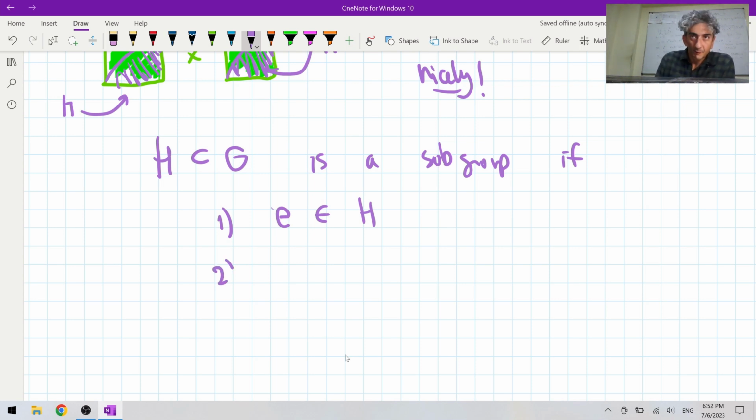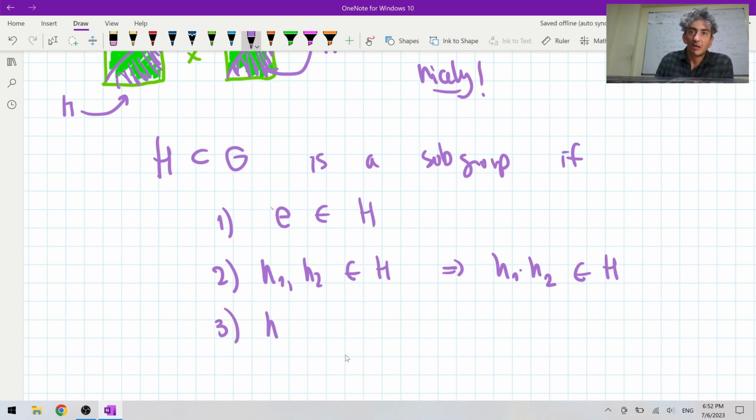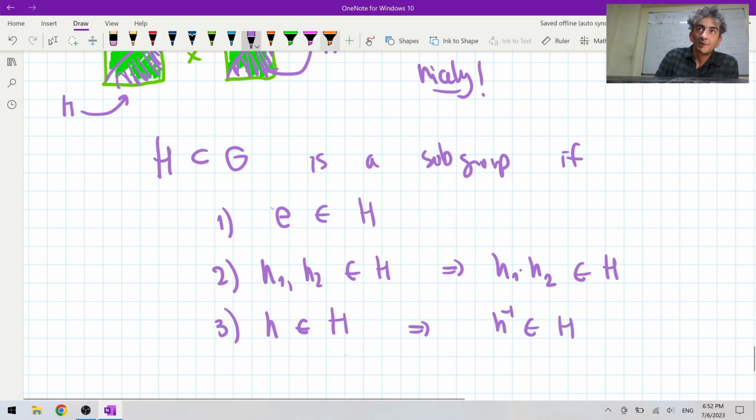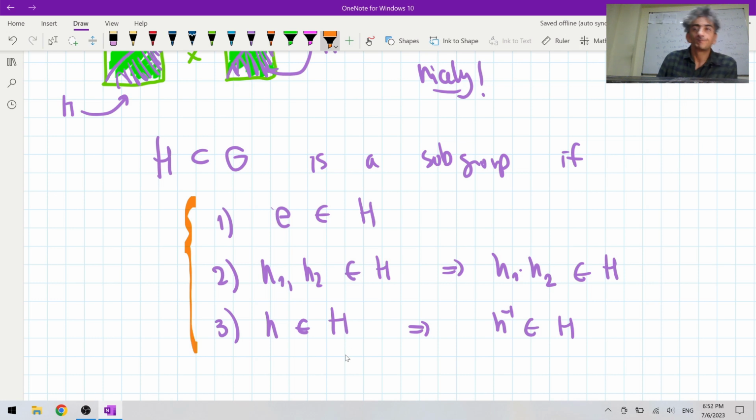Second, whenever H1 and H2 belong to H, then their product also belongs to H. Third, each time H belongs to H, then its inverse also belongs to H. These three conditions are the usual definition of a subgroup of G.